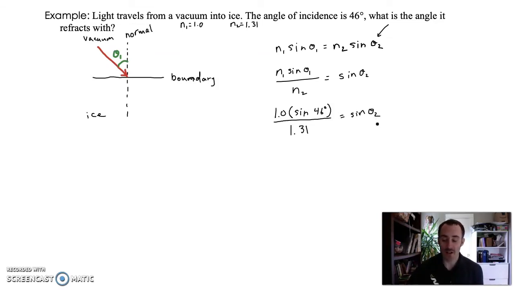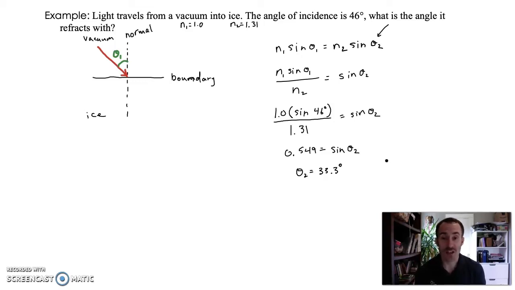And when I do that calculation, I get 0.549. That's the sine of theta 2. And then I need to do the inverse sine of 0.549, and that gives me theta 2 is equal to 33.3 degrees. Now, we should make sure that that actually makes sense.